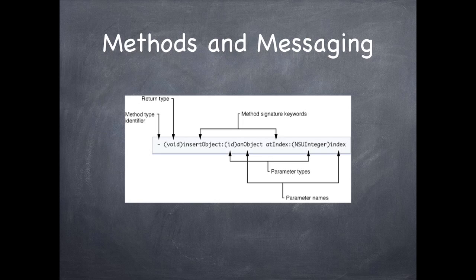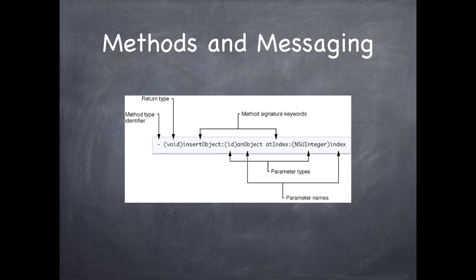And we require each of the arguments to be specified. So anObject is the argument name, and it has a type of id. And after it says atIndex, NSUInteger index means it will hold an unsigned integer. That's what NSUInteger means, NS unsigned integer.